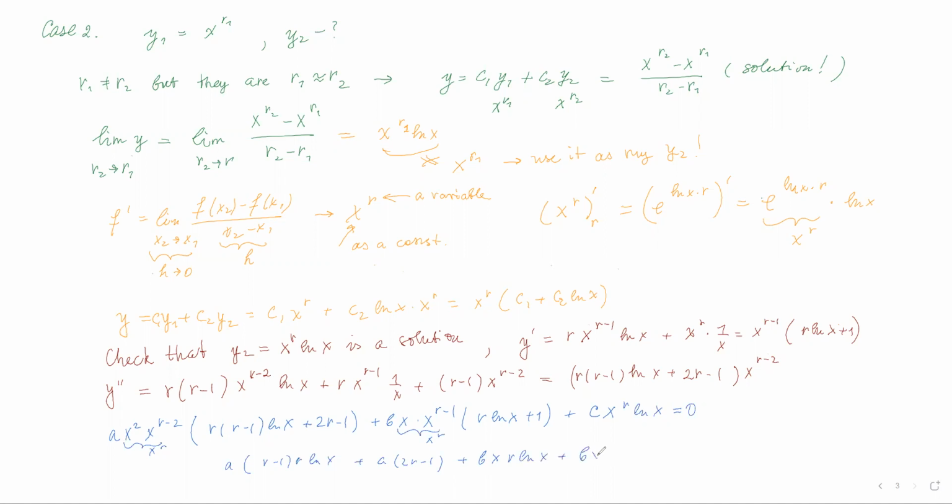Oh, no, there is no x, sorry. I already simplified it. I'm just not supposed to copy it a second time. Let me erase the whole thing and just write it down correctly. So I combined this x already, so it's br ln of x plus b. All right, b multiplied by 1. This one is combined and outside of parentheses already. Plus c ln of x.